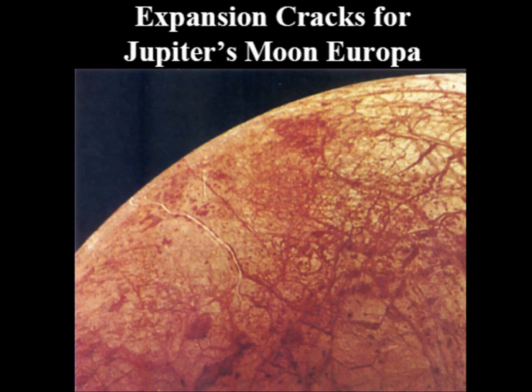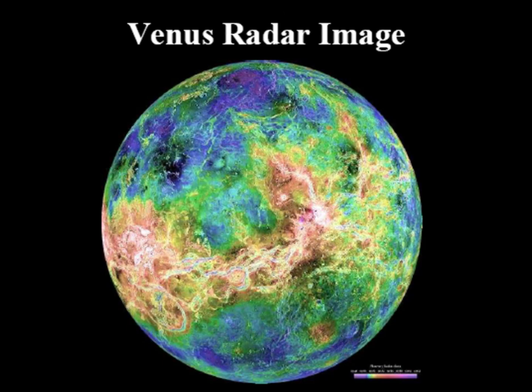If we look at the next slide, this is a radar image of Venus, and this is temperature on the surface of Venus. Venus is undergoing major expansion. You can see where the hot parts are, and you can see the expansion. The cooler parts are blue, and the hot parts are yellow and red.